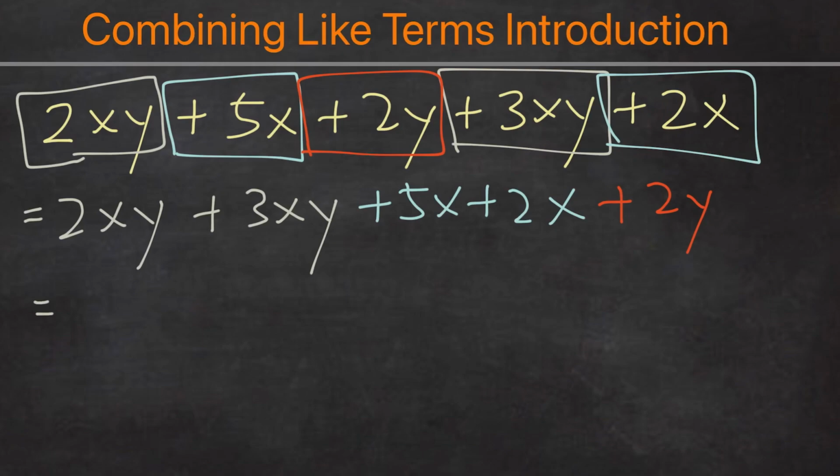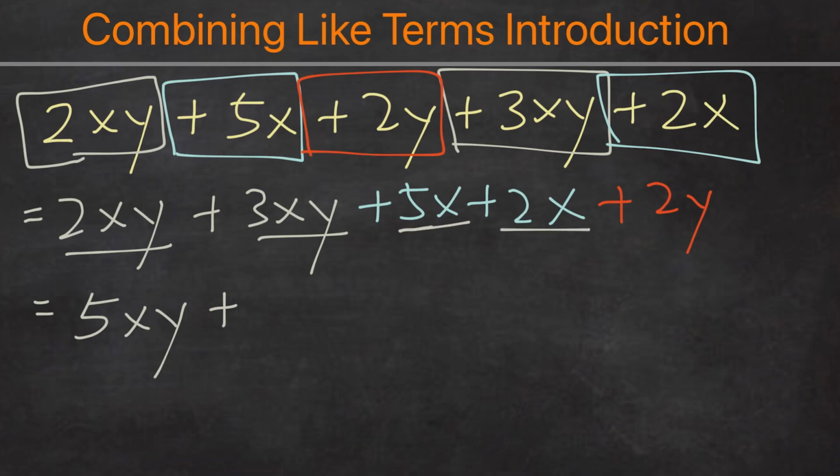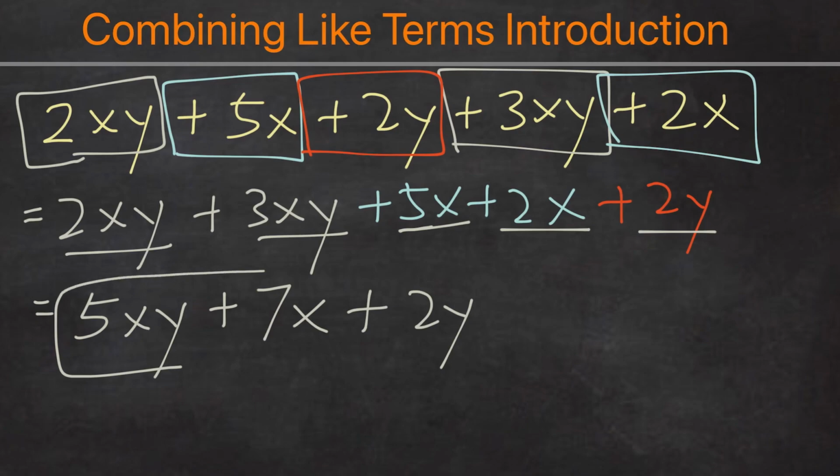Okay, now we just need to combine them. So this 2xy plus 3xy is 5xy. And the 5x and 2x adding together becomes 7x. Lastly, we're ending with 2y. So we can see that it can no longer be simplified, so that's our answer here.